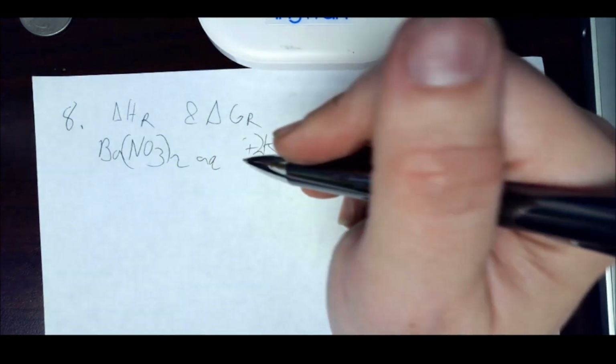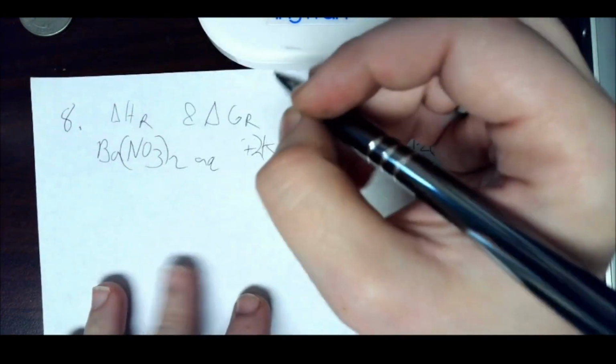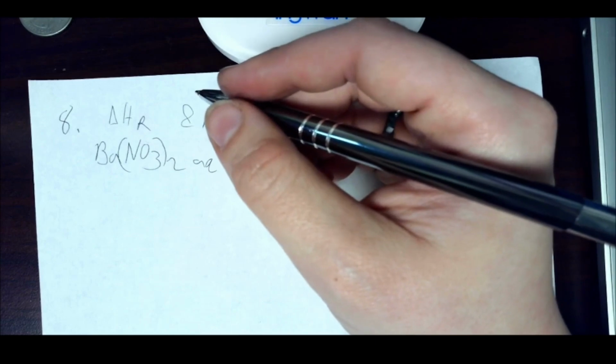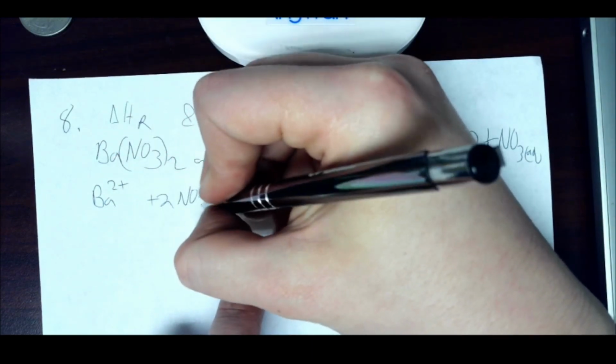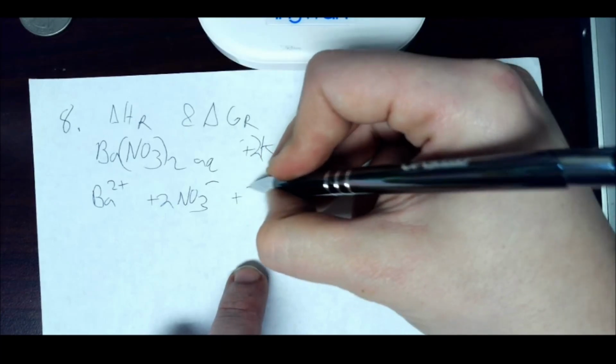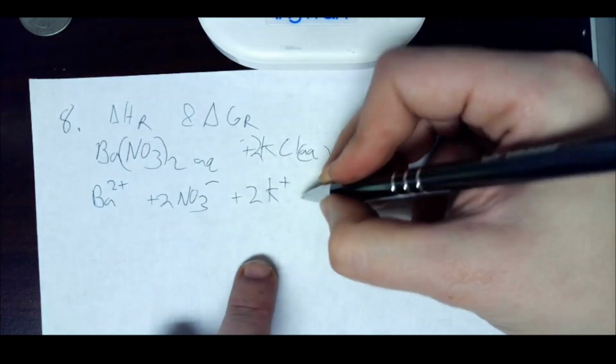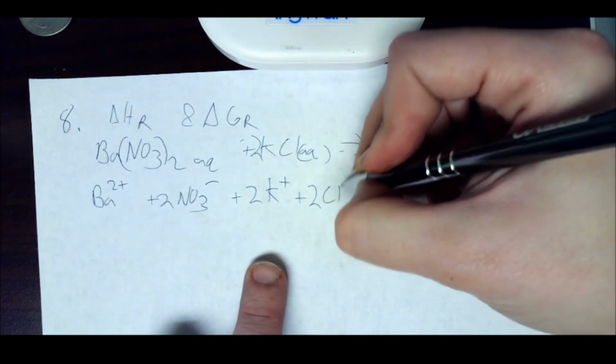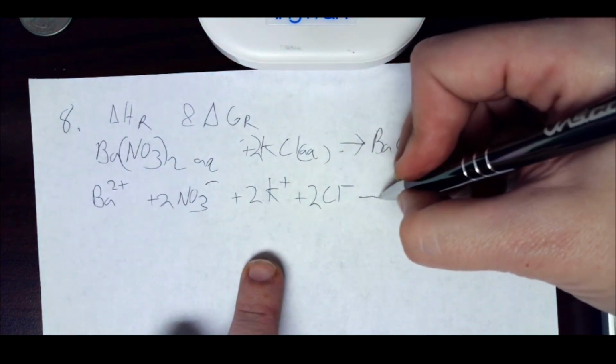So, the easiest way to do this is you have to split the individual aqueous states into ions. So we have barium 2 plus, 2 NO3 1 minus, 2 K plus, 2 Cl minus as our reactants.